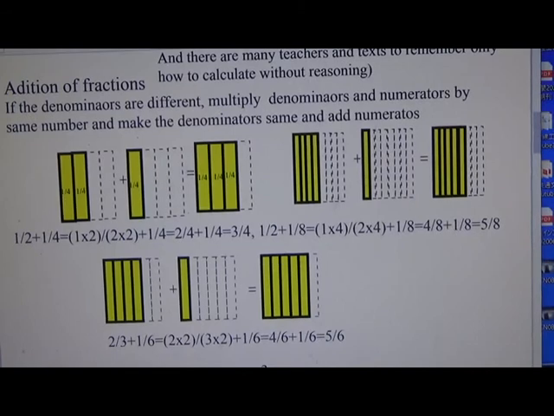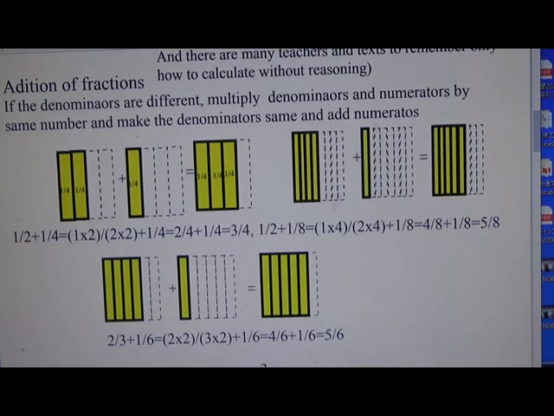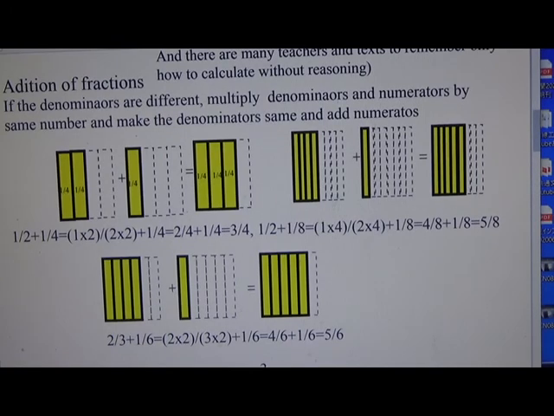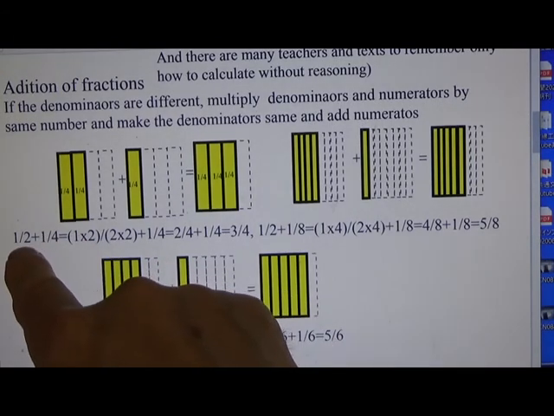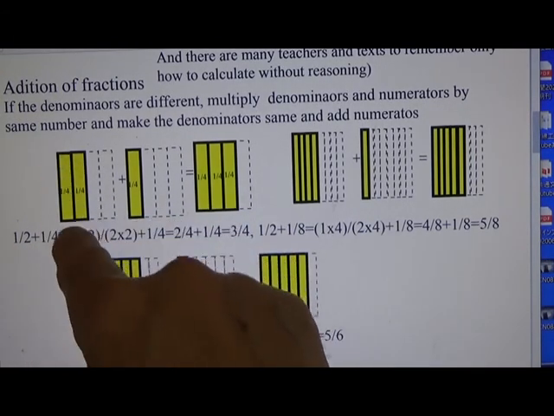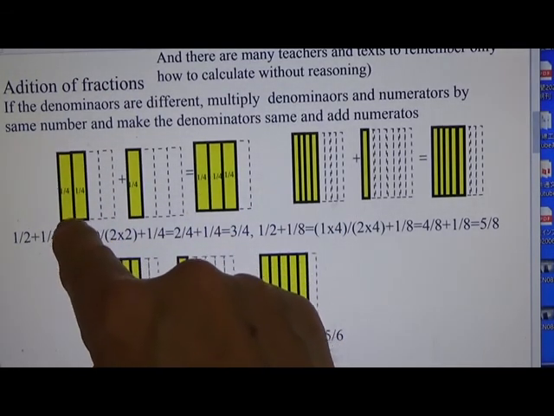Addition of fractions. If the denominators are different, multiply the denominator and numerator by the same number to make the denominators the same, and add the numerators. This is 1/2. This is 1/2. So let's divide in half.